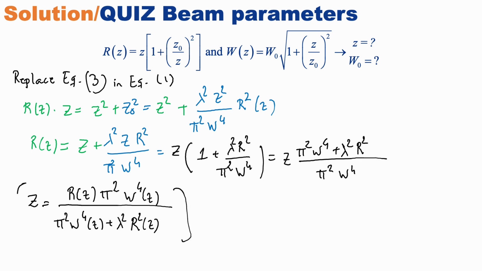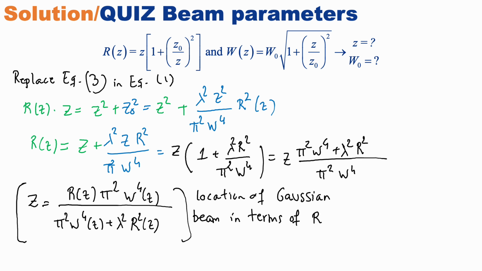So this is one of the outcomes, which is the location of the Gaussian beam in terms of the radius of curvature and the beam width, which is exactly what they were asking us.